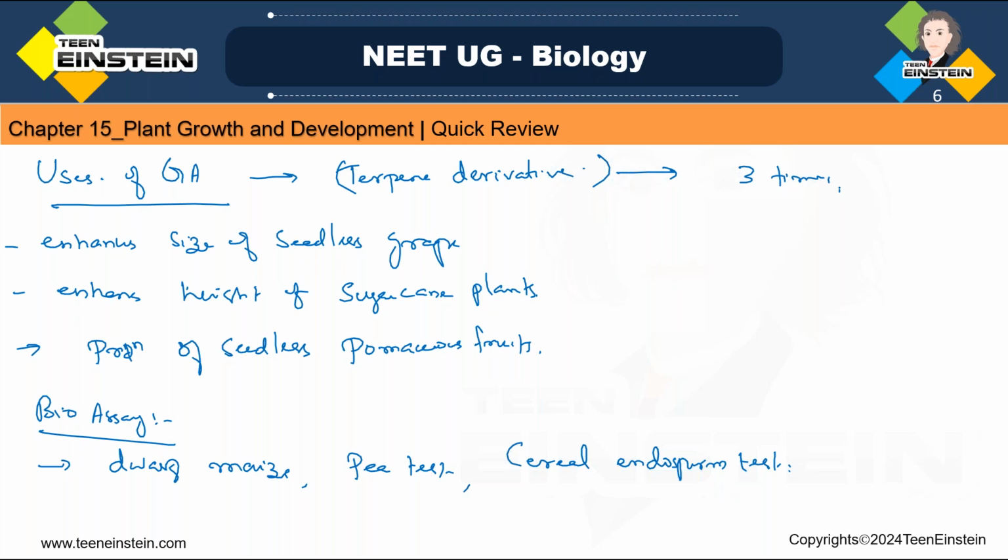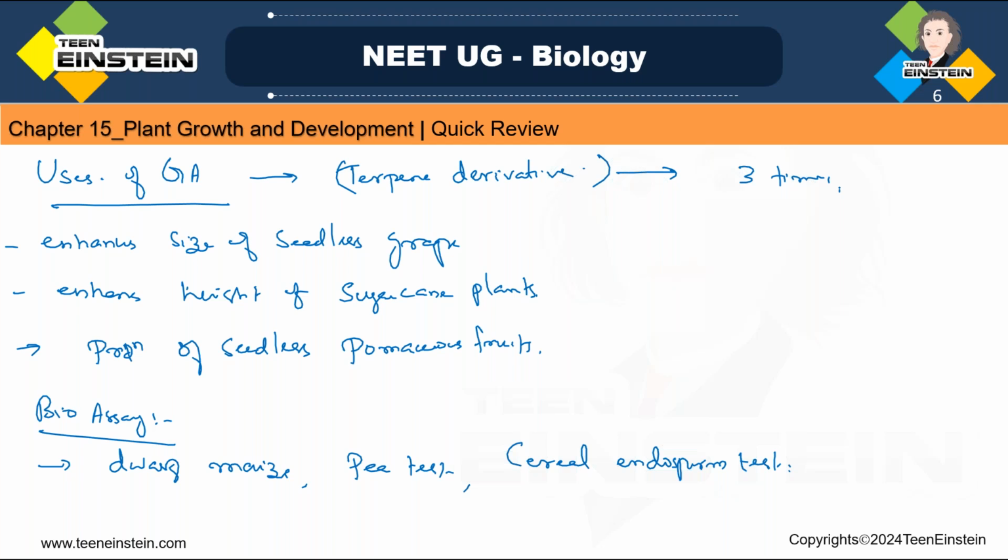Sawada, Kurosawa, Yabuta, and Sumiki, all these scientists' names along with their role in gibberellins, you need to learn. Then where it is located, and that it stimulates the production of these enzymes. And in juvenile conifers, if you are spraying gibberellins, what will happen?